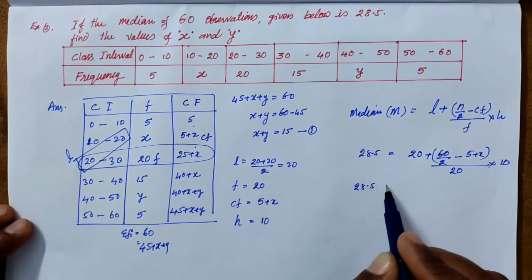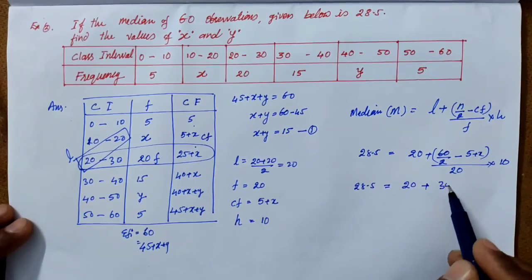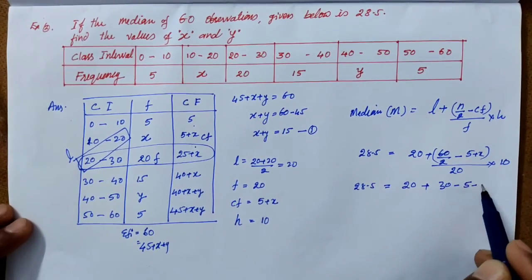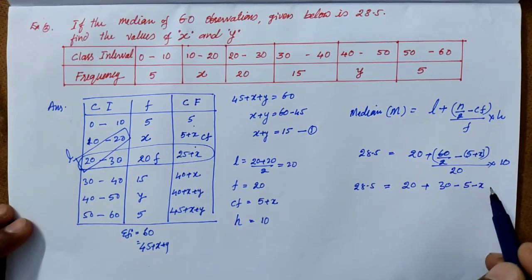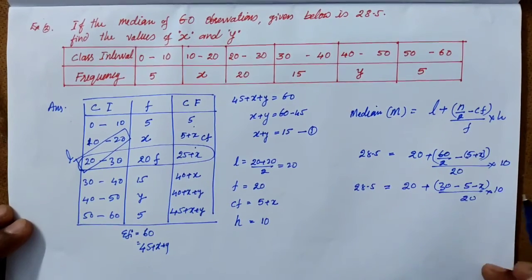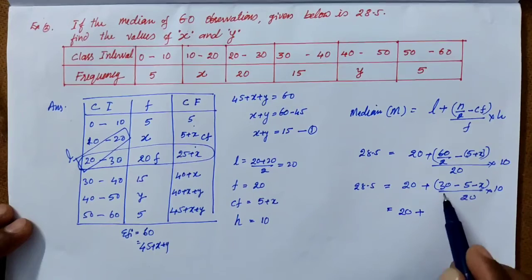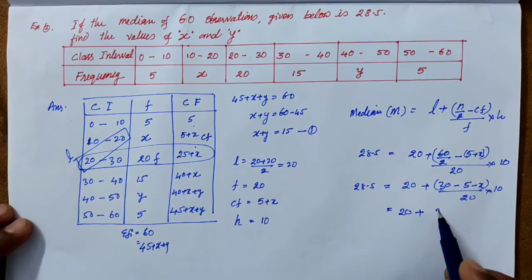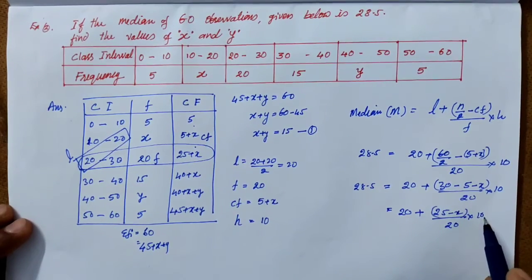So 28.5 is equal to 20 plus, 30 minus 5 minus x, by 20 into 10. That is 20 plus 25 minus x by 20 into 10, so 25 minus x by 2.